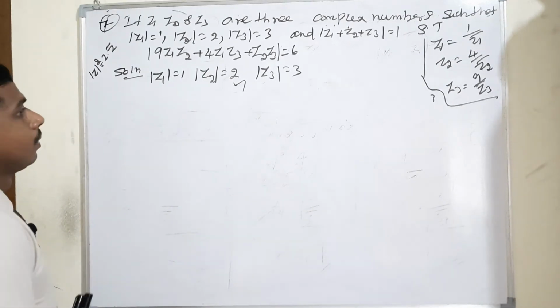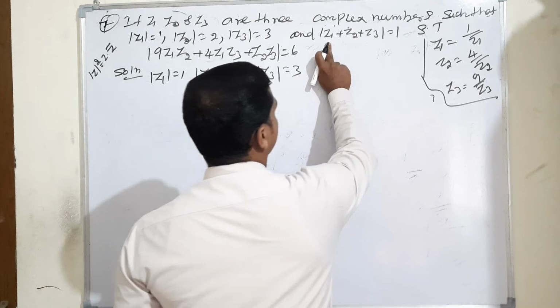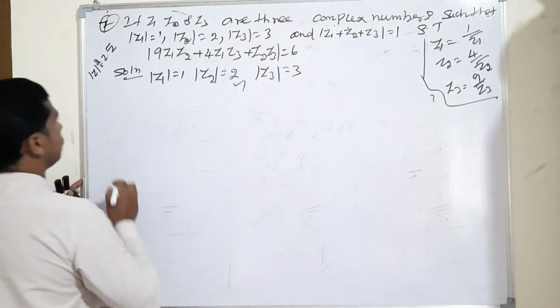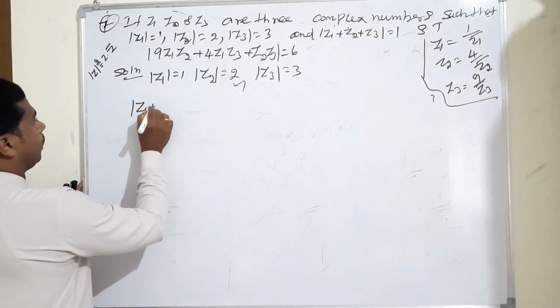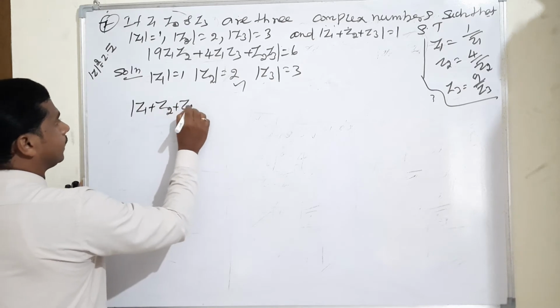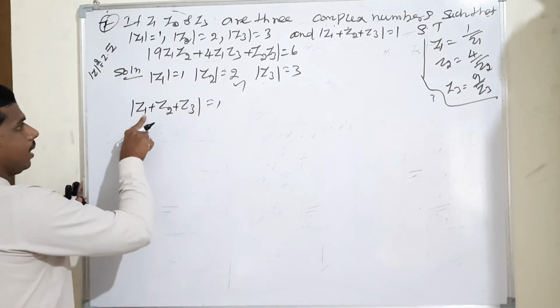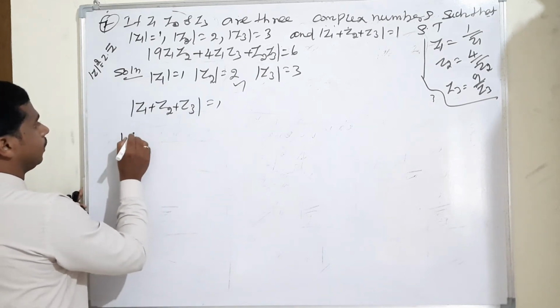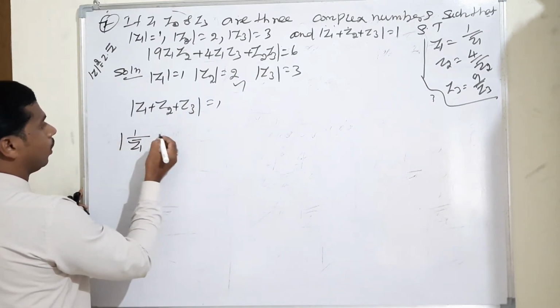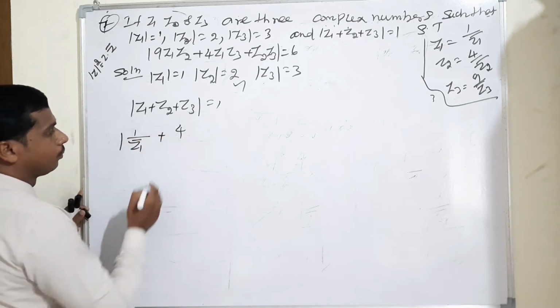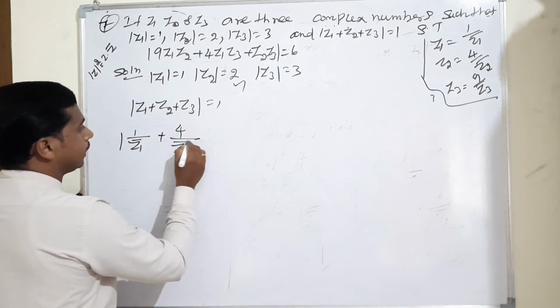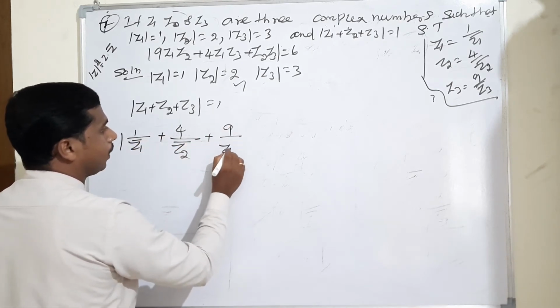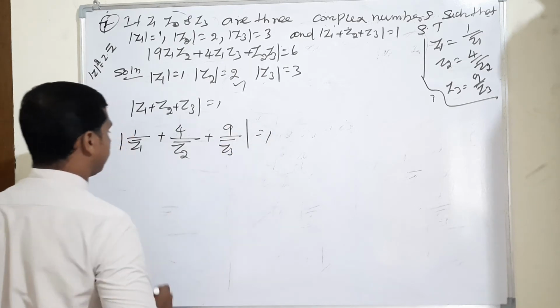So now another condition, modulus of Z1 plus Z2 plus Z3 is equal to 1. Z1 is equal to 1 by Z1 bar, so modulus of 1 by Z1 bar plus 4 by Z2 bar plus 9 by Z3 bar is equal to 1.